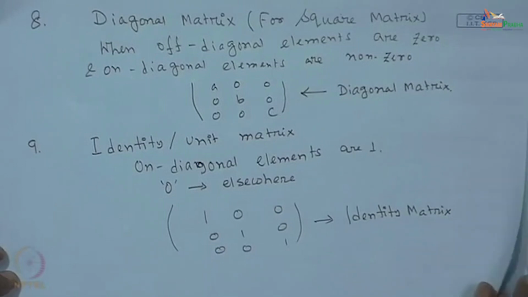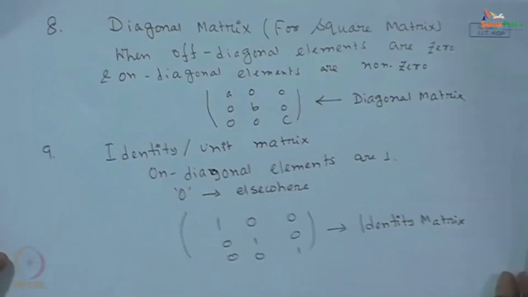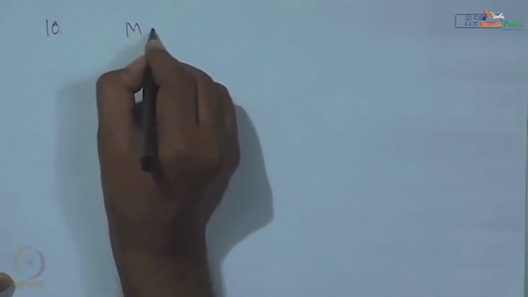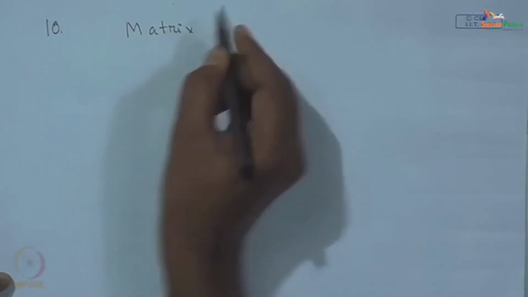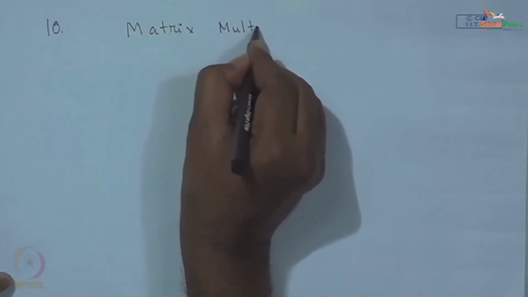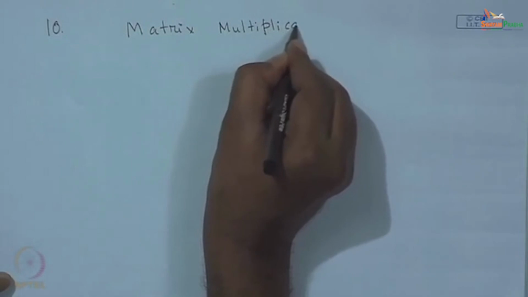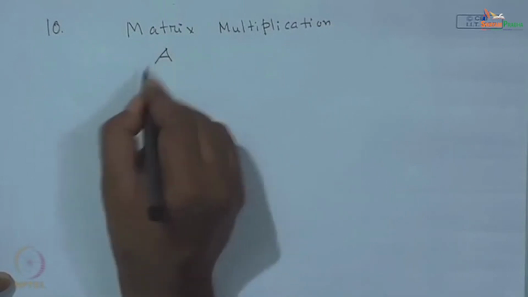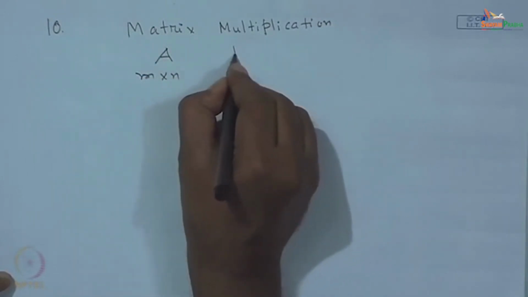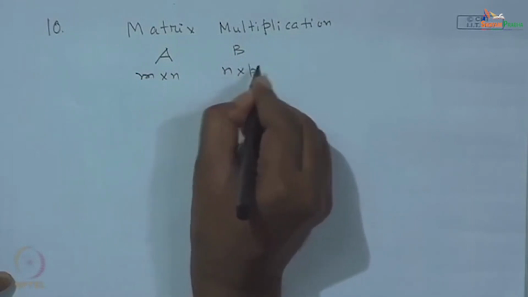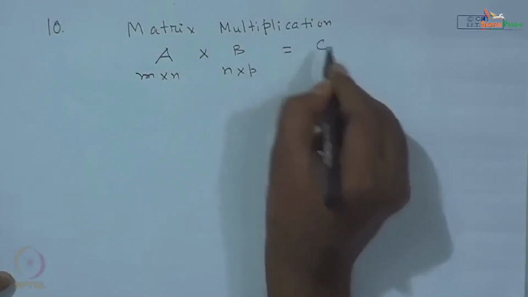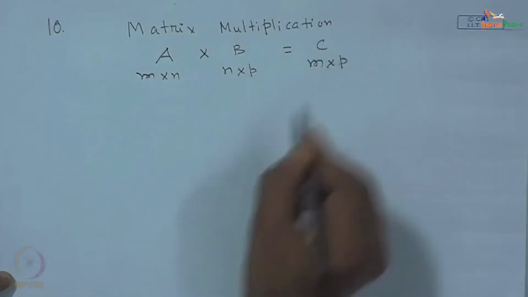Okay. So, we look into some more definitions of the matrices and determinants. Next property is the matrix multiplication. Let us say two matrices, A which has a size m into n, B which has a size n into p, then A multiplied by B is equal to C, which will have a size m into p.